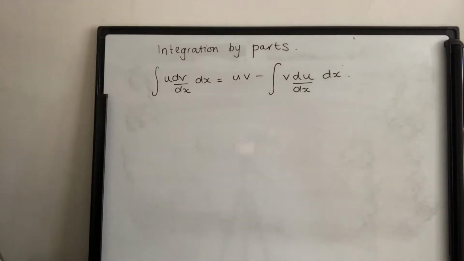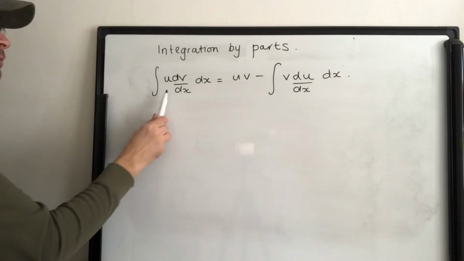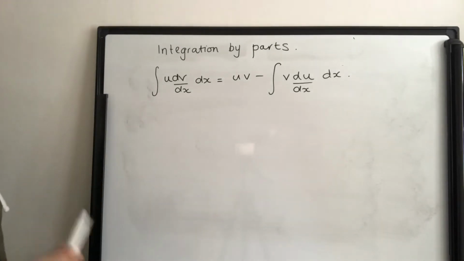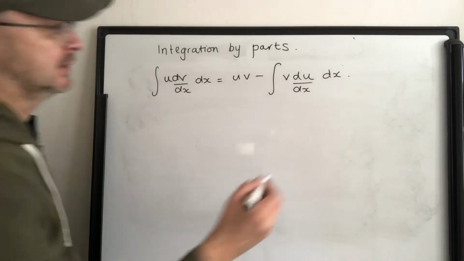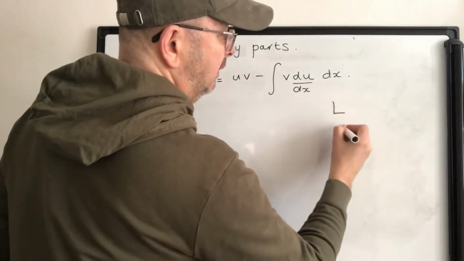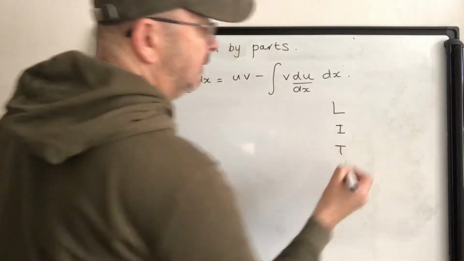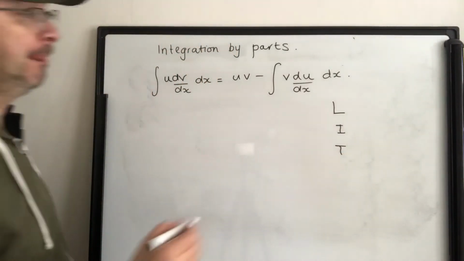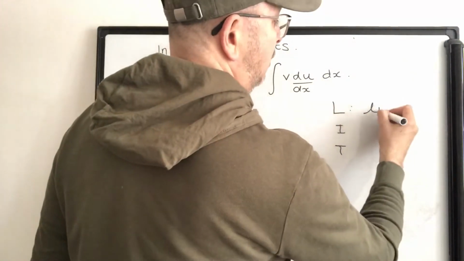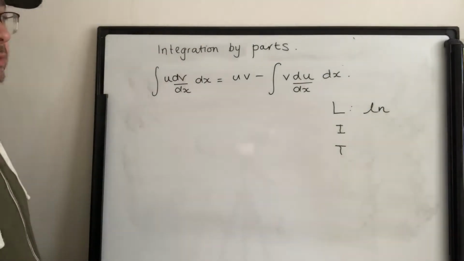Now, the most important thing is what you take your u as, because you can't just think, oh, I'd fancy taking that as u. There's specific things, and I'm going to say L, I, T in that order. So firstly, if you have natural logs, take those as your u's.